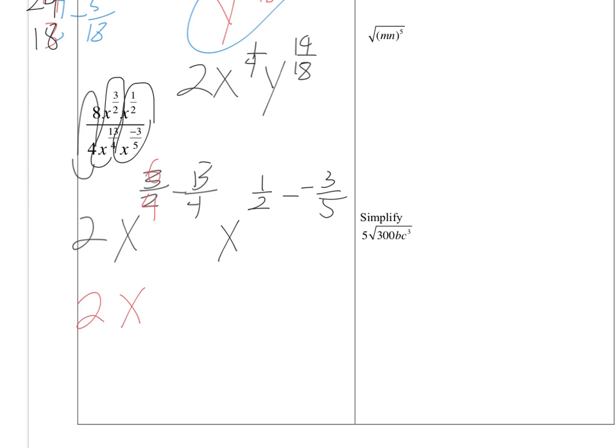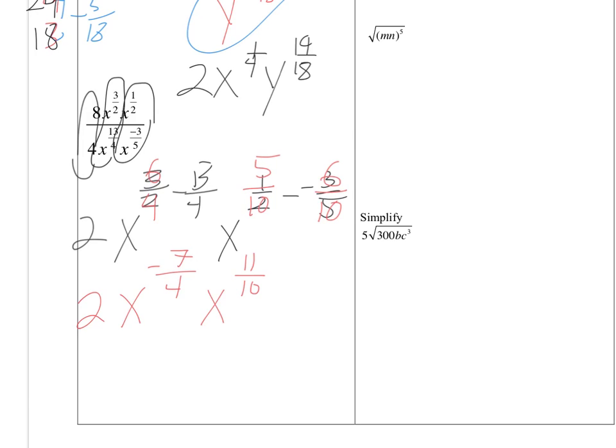So x to the -7/4. And for my other guy, we're dealing with halves and fifths. That's going to be 5/10 and 6/10. 5 minus -6 is going to be x to the 11/10.